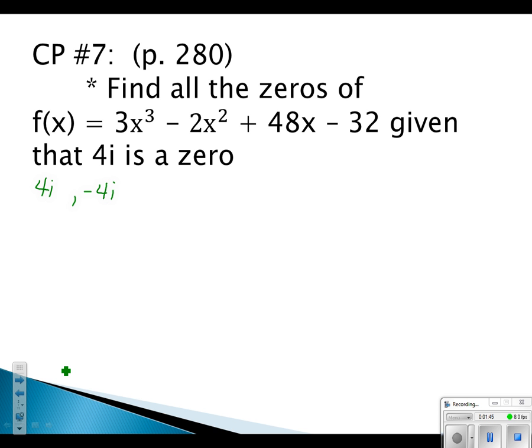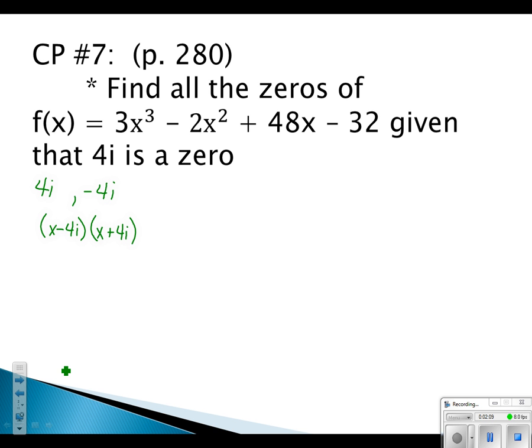So 4i would have come from x minus 4i. Negative 4i would have come from an x plus 4i. So if I multiply these two together, I'm going to come up with a product that would make up part of our function.